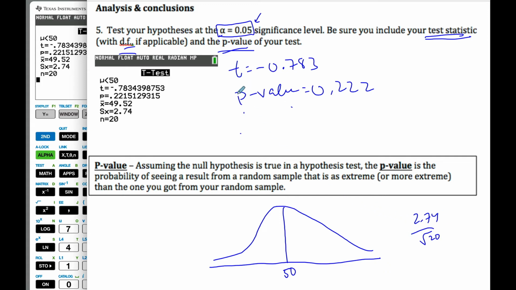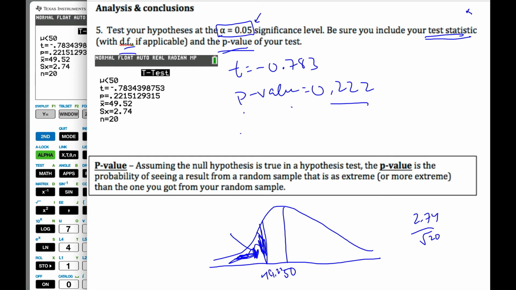And what it's saying is that to get this mean of 49.52, which would be here, this area here is 0.22. So 22.2% of the time, I get a value as extreme or more extreme than 49.52 if 50 is true from this particular random sample. So that's not very rare.